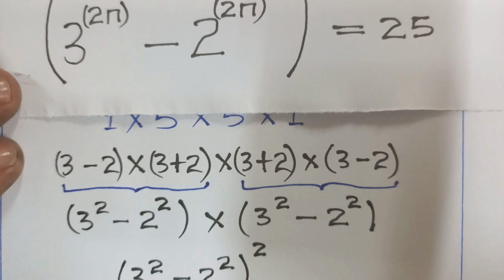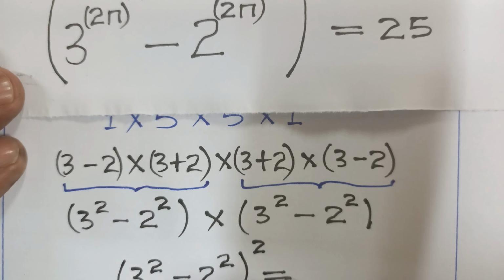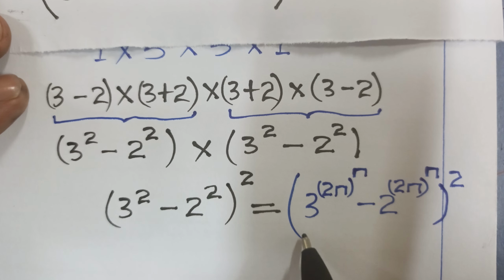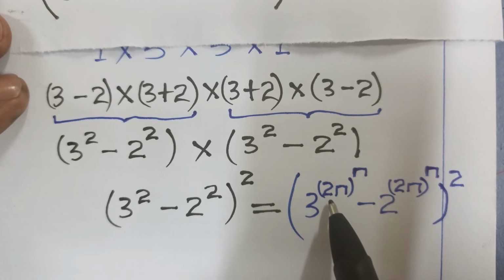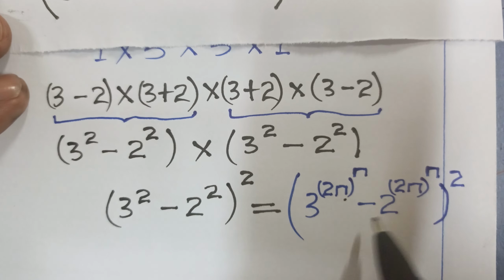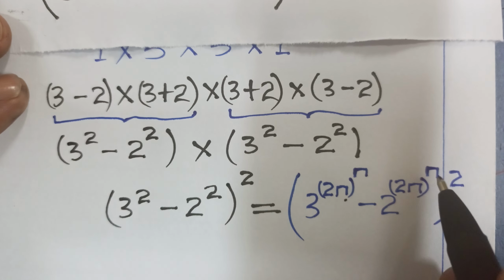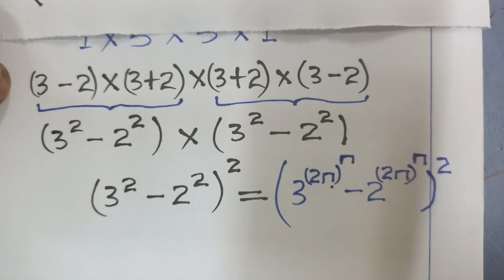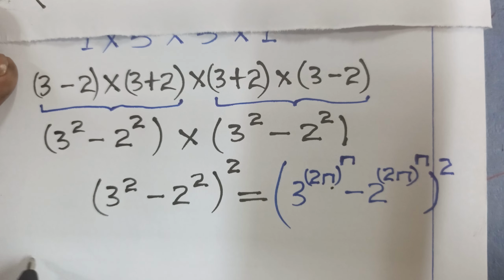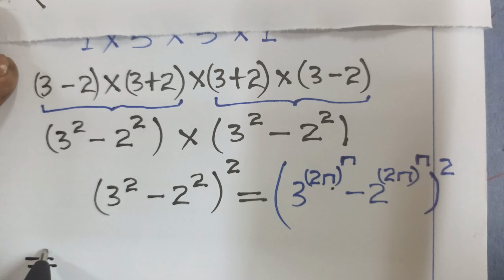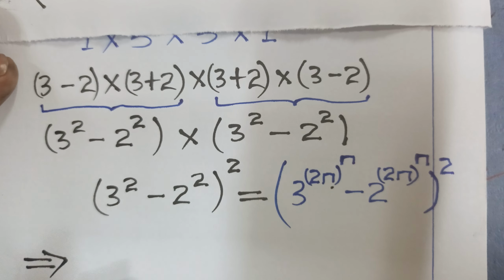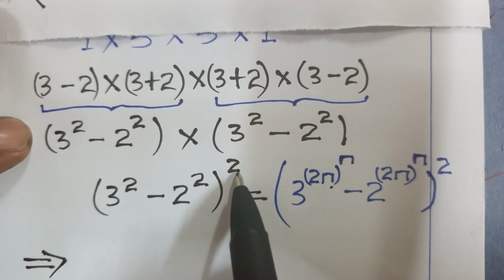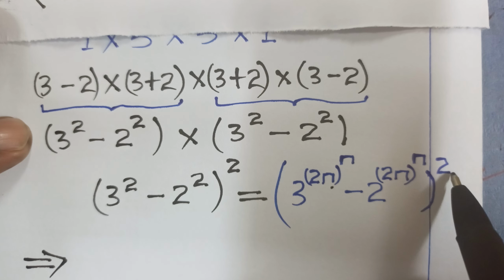And this is now what we are saying is equal to, open the bracket, 3 to the power 2n to the power n minus 2 to the power 2n to the power n, squared. And so these two terms, guys, are equal. And therefore, as you can see, here we have 2, here we have 2, that is squared.